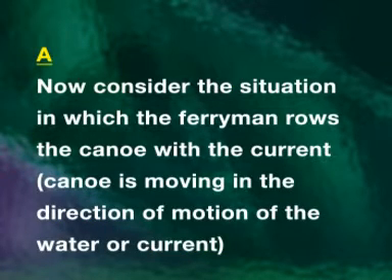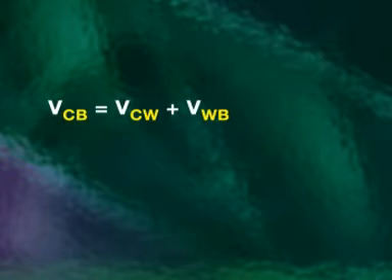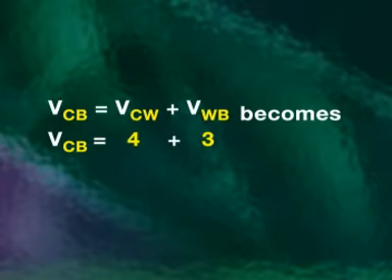Let's now consider the situation in which the ferryman rows the canoe with the current. That is, the canoe is moving in the direction of motion of water or current. VCB equals VCW plus VWB becomes VCB equals 4 plus 3. This gives us 7 meters per second.